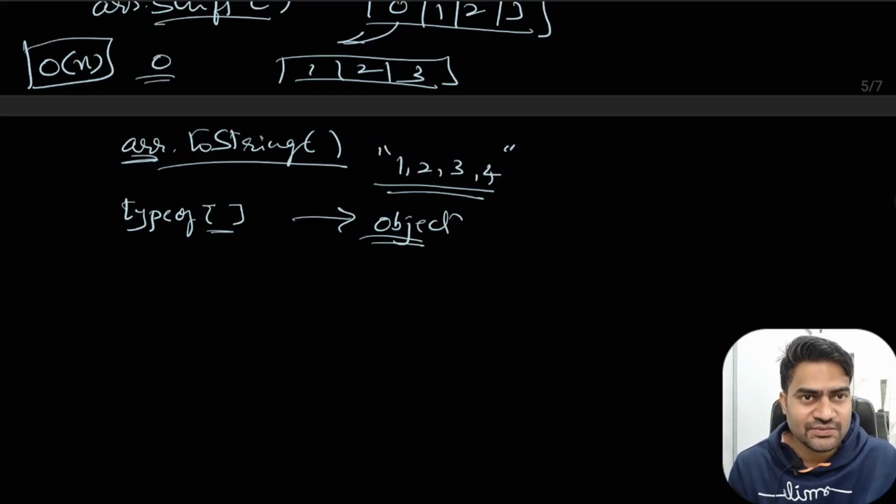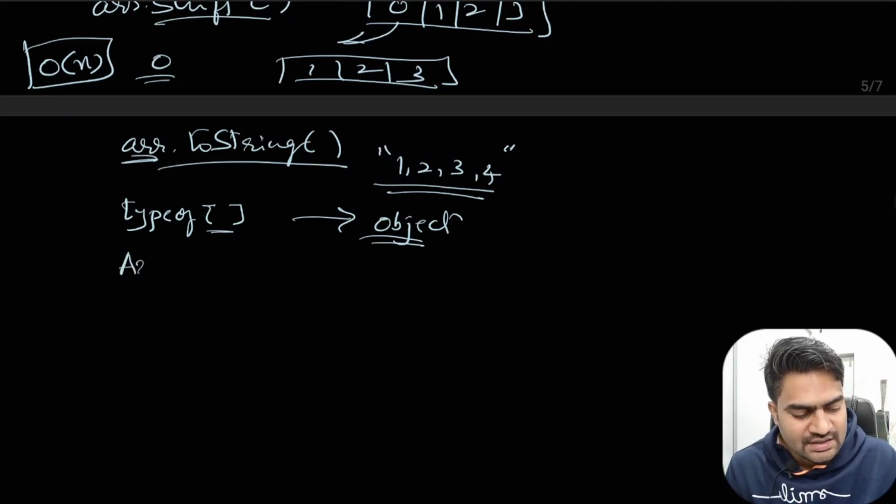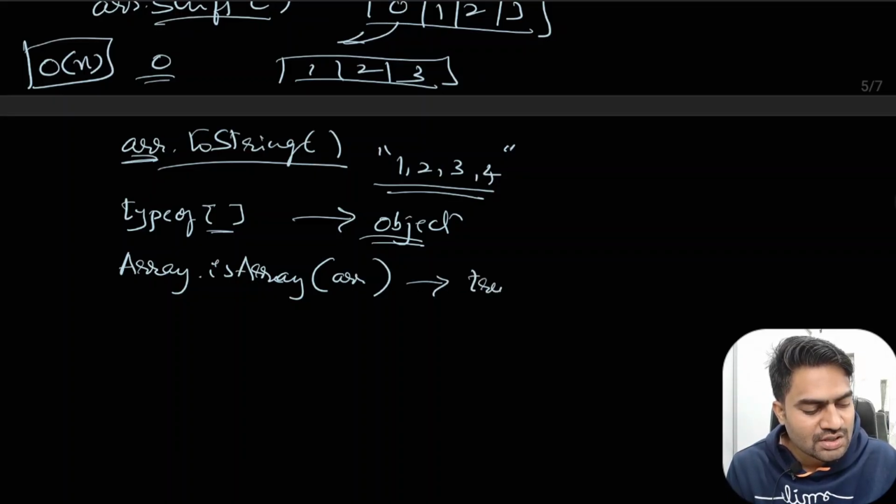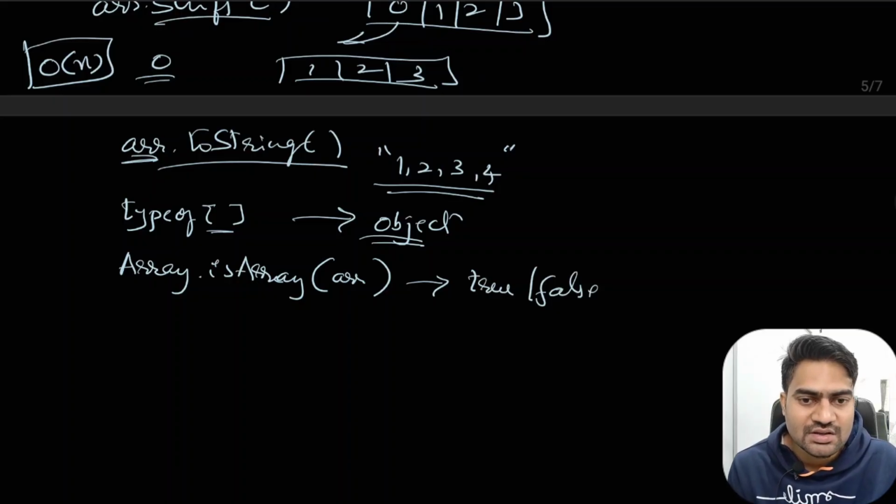And if you really want to see whether it is an array or not, you can use Array dot isArray and pass your array object. It will give you true or false.